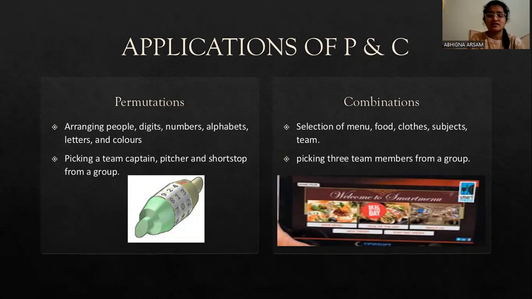In such cases we use permutations. Combinations we use to count the number of possible combinations when we order food from the menu. Selection of menu, food, clothes, subjects, and themes comes under combination.